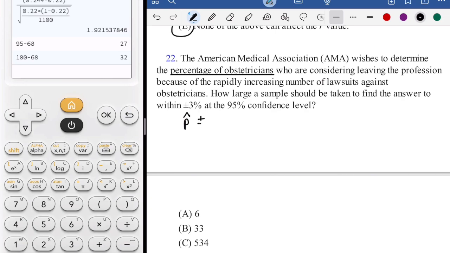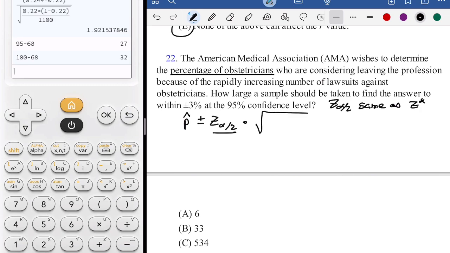P hat plus or minus Z. I use alpha over 2. Everybody else seems to use Z star. All right. So you might see that Z alpha over 2, same as Z star, or at least in this context.